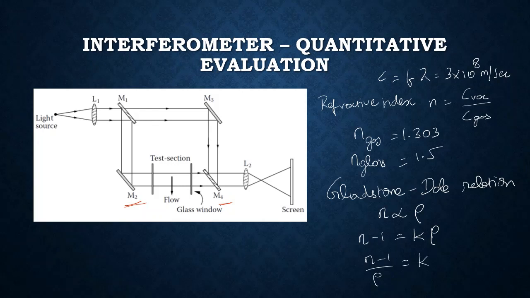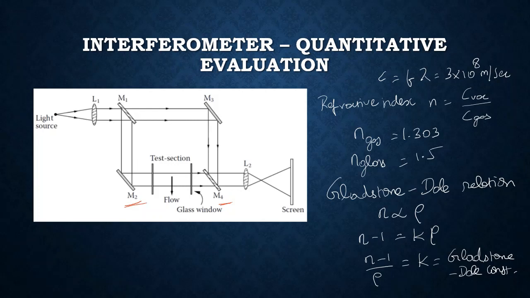So this is the Gladstone-Dale relation, right? Using this relation, we are going to find the interference. After this interference, you may know the value of k, where k is nothing but the Gladstone-Dale constant.